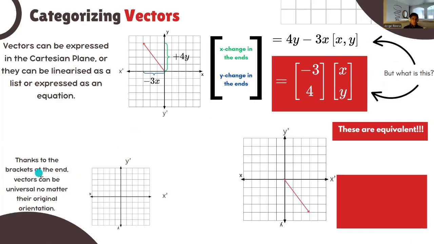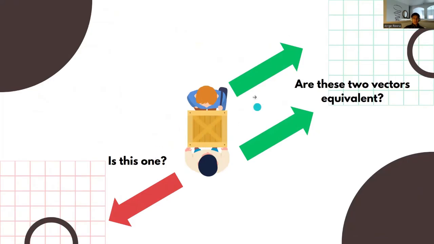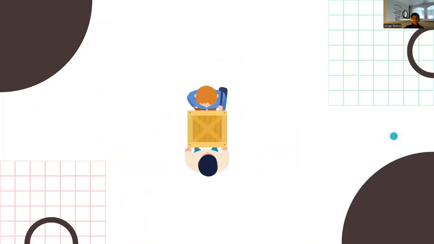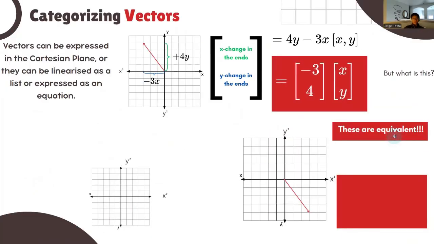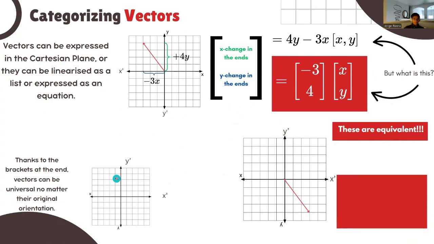So thanks to the brackets at the end, vectors can be universal no matter their original orientation. So if we flip the y-plane, so let's say we have this plane, right? X and then x prime basically means negative x, or negative y, y prime, and y. So if we flip this Cartesian plane like this guy, because they are on different planes, this one has a different frame of reference, we are able to flip them.